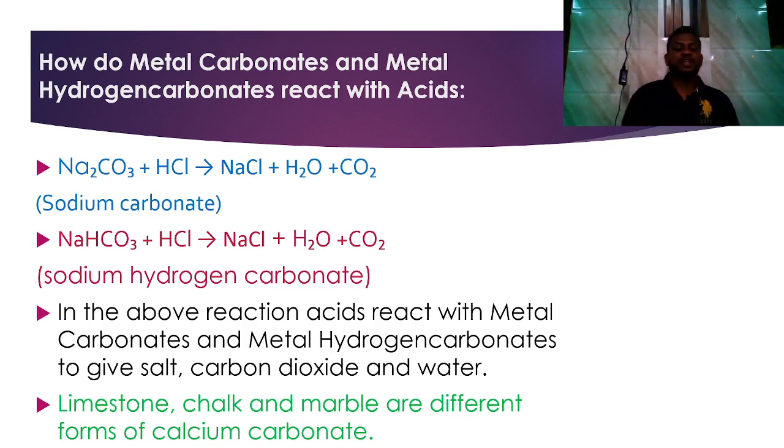Here we see the explanation or definition. In the above reactions, acid reacts with metal carbonate and metal hydrogen carbonate to give out salt, carbon dioxide and water. In the first reaction, sodium carbonate reacts with hydrochloric acid, gives out a salt, NaCl, and carbon dioxide, CO2, and H2O, that is water. It means whenever a metal carbonate reacts with acids, it gives out salt, carbon dioxide and water.